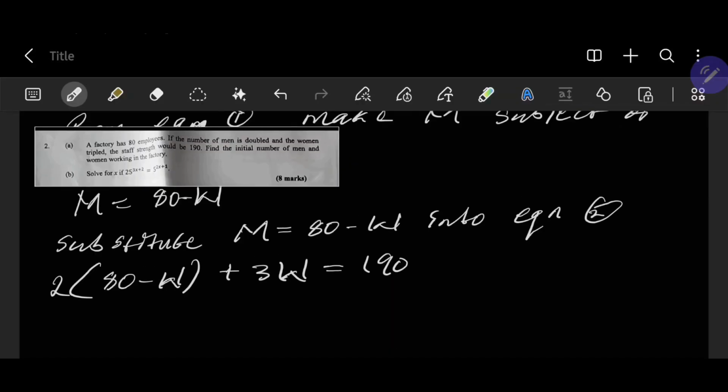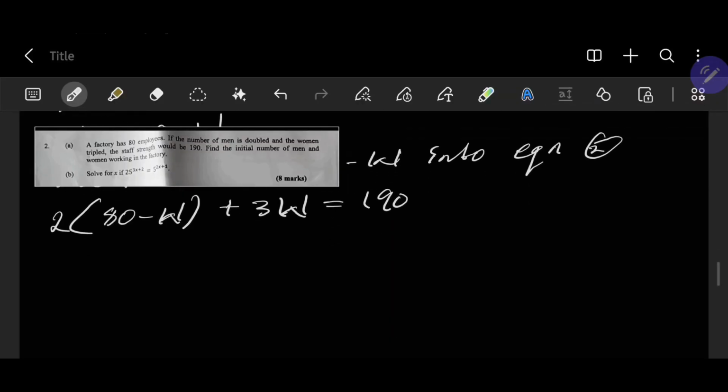The basic reason for making substitution is so that you have only one variable and it becomes easier to solve. If you look at this new equation now, we just have w. So w is the only variable. We no longer have m again, so it becomes easier to solve.